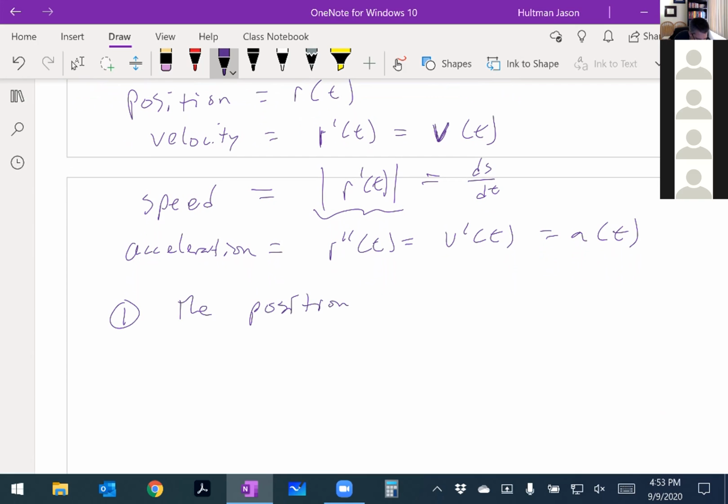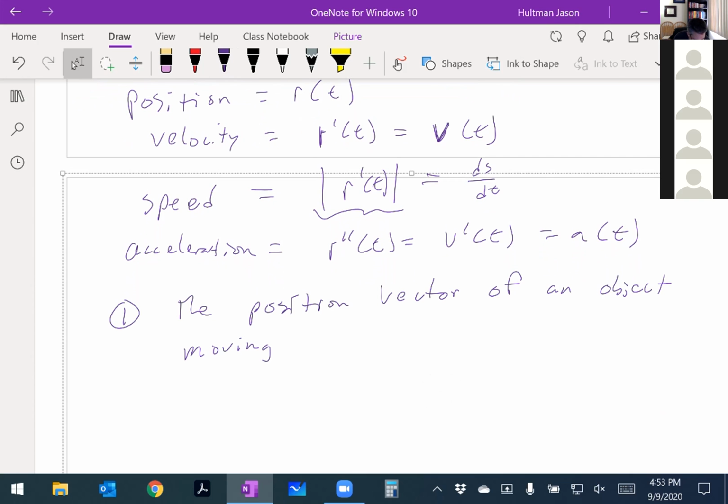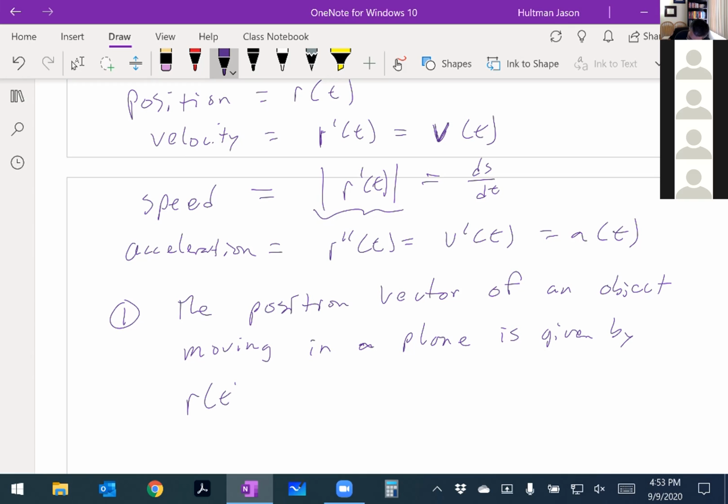Okay, number one. The position vector of an object moving in a plane is given by r of t equals t cubed i plus t squared j.